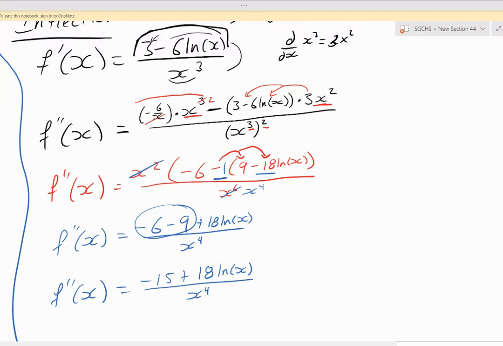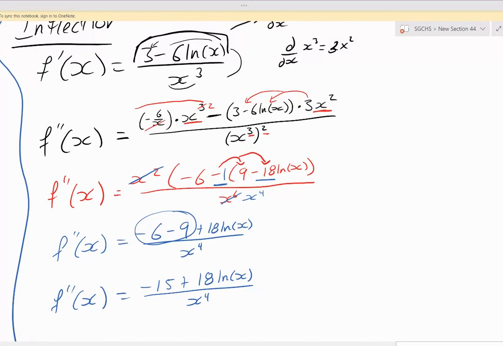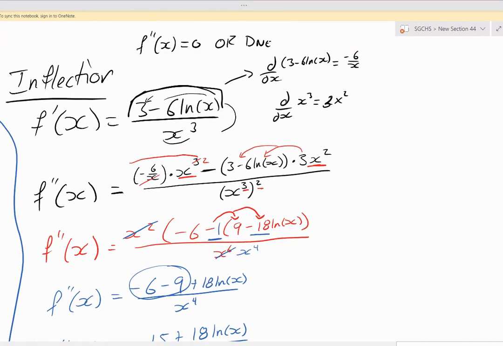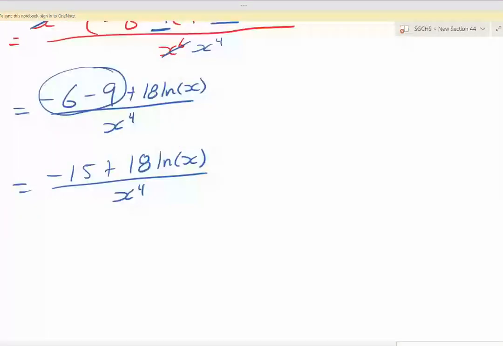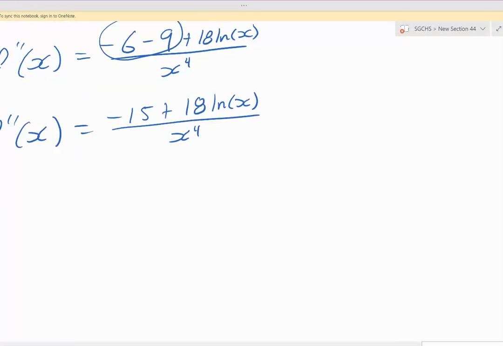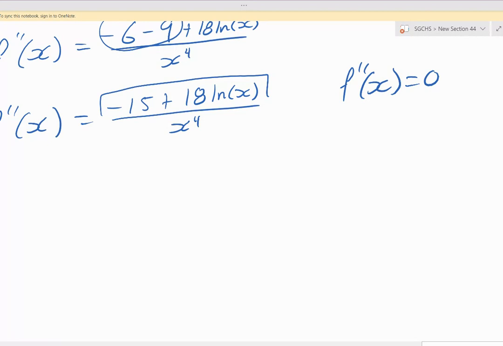Again, it's always important to keep track of signs and notation, or else it can be confusing and you can make an easy mistake pretty quickly. Now we're trying to find my inflection points, where my second derivative either equals 0 or does not exist. My second derivative will equal 0 when my numerator equals 0.